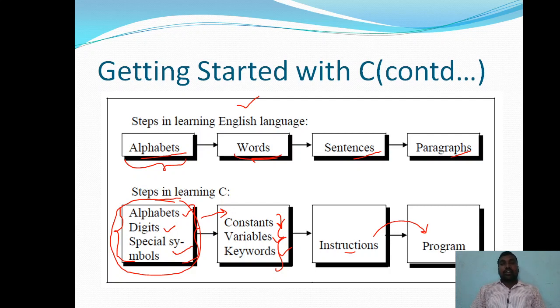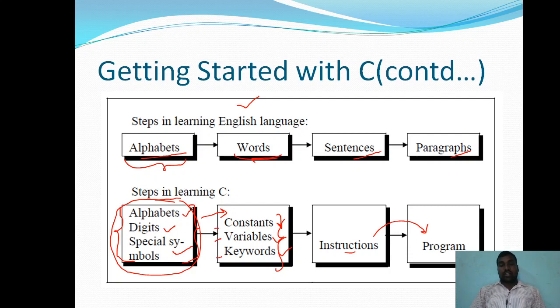Initially we are trying to learn the individual characters that are supported. They are nothing but the alphabets, digits, and special symbols. And then we are trying to combine these alphabets, digits, and special symbols to form constants, variables, and keywords.